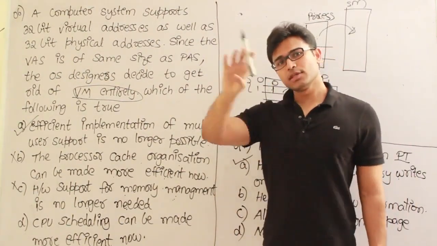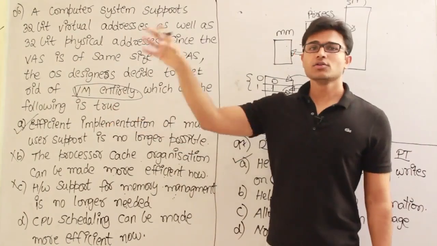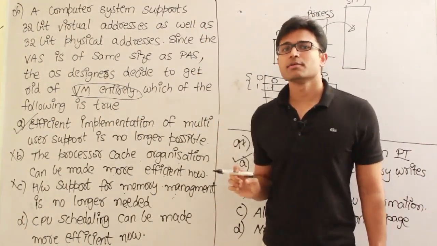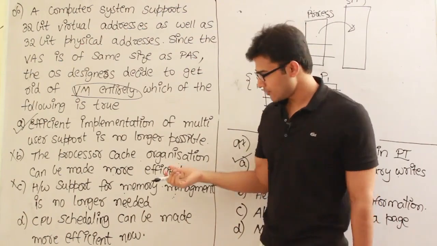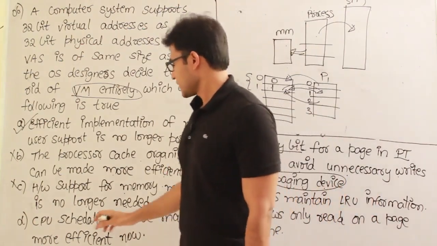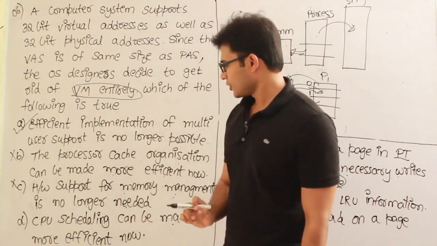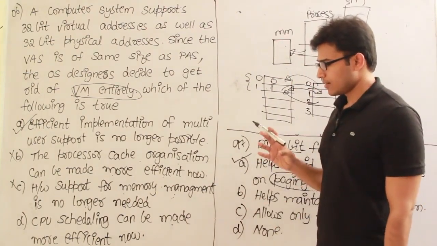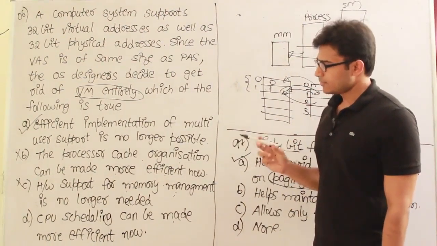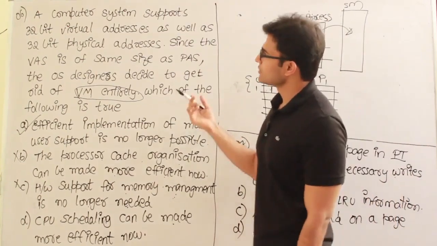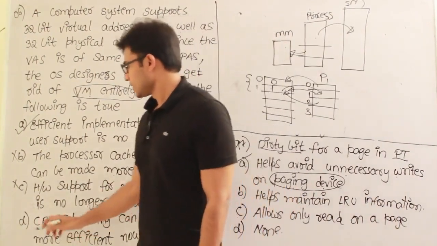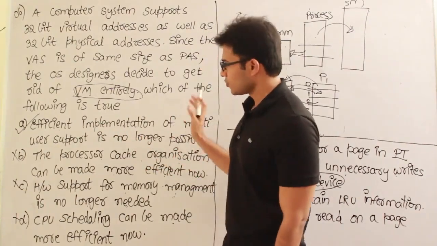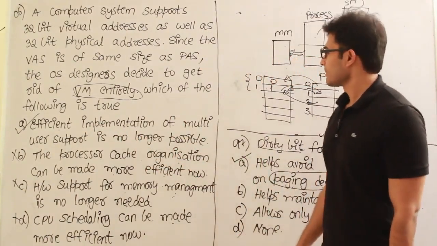Sometimes we pull the process out and load a new process, and the new process might not be loaded in the same location. Therefore hardware support is always required. And then, CPU scheduling can be made more efficient. There is no relation between scheduling and the virtual memory concept. So all are false. The only thing is, efficient implementation of multi-user support is no longer possible. Okay, fine.